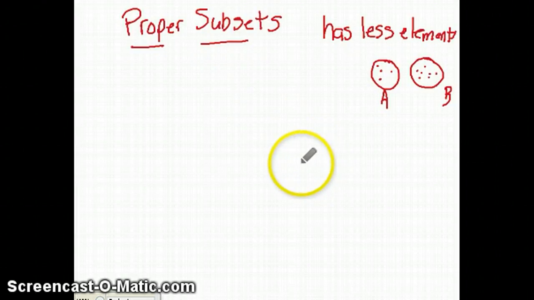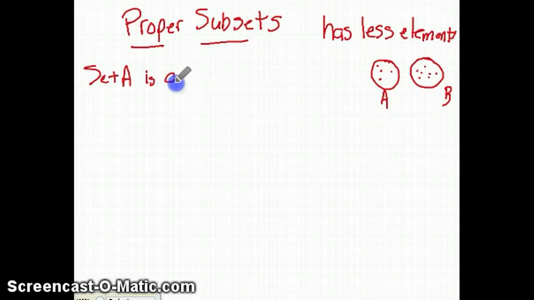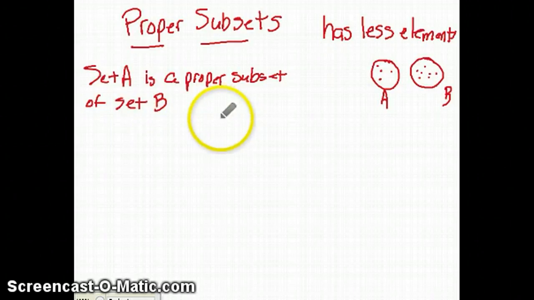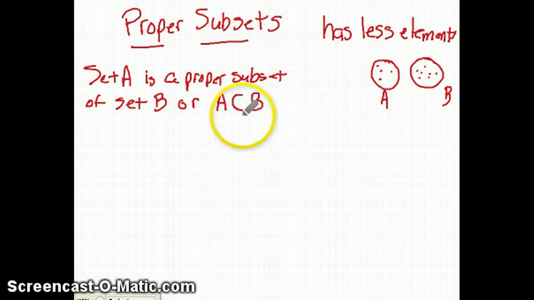All right, let me give you an example. First of all, let me give you a definition. Set A is a proper subset of set B, or watch the symbols, A is a proper subset of B if, now what are my conditions?